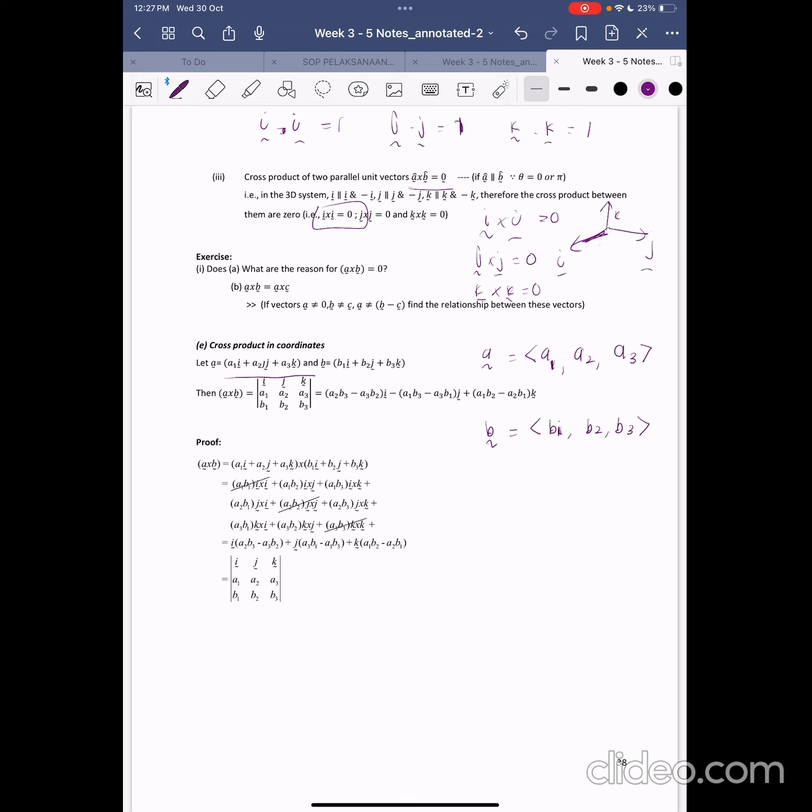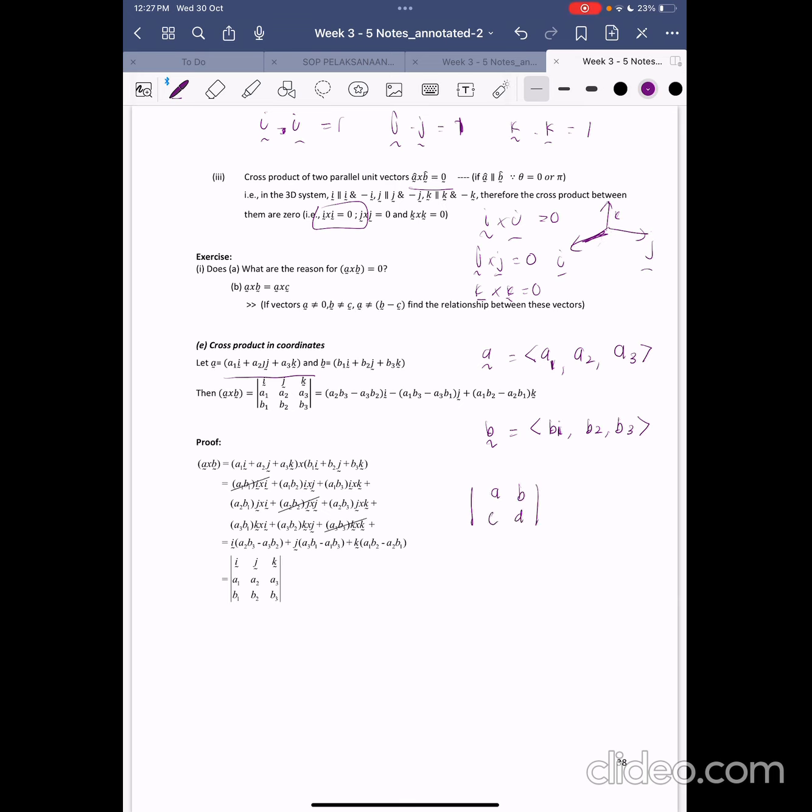Perhaps in A level, or foundation, or SPM, you learned that, but you learned only 2 times 2.